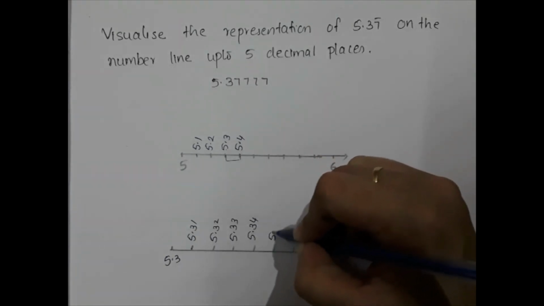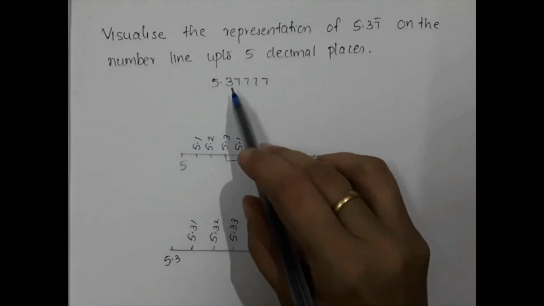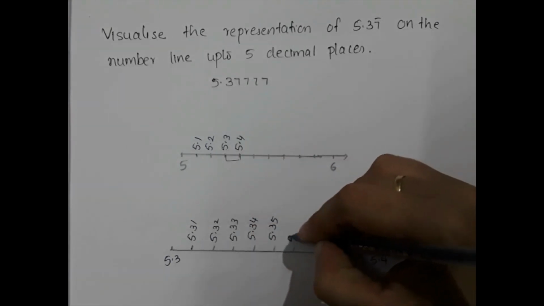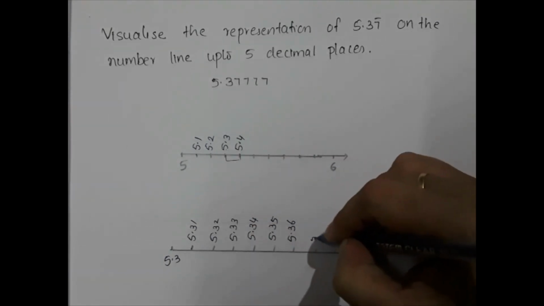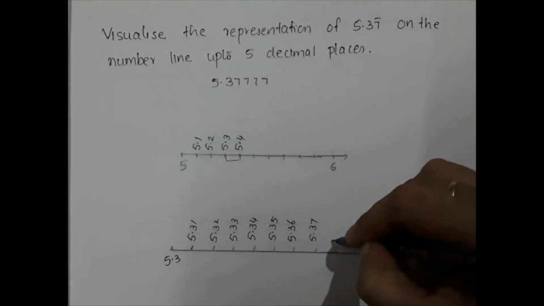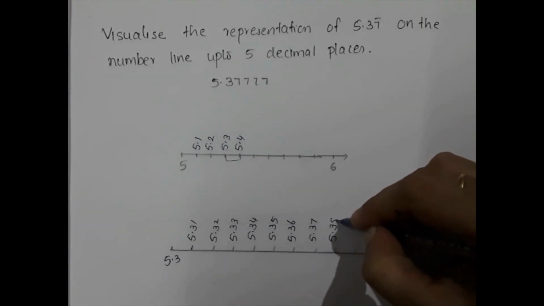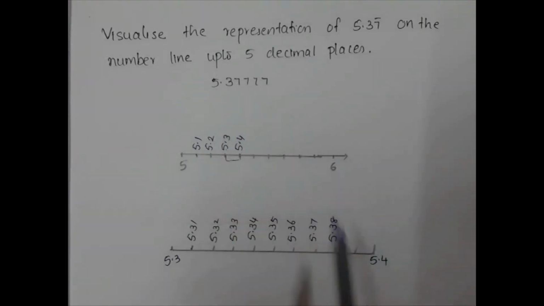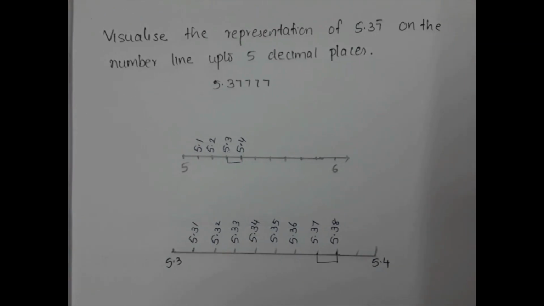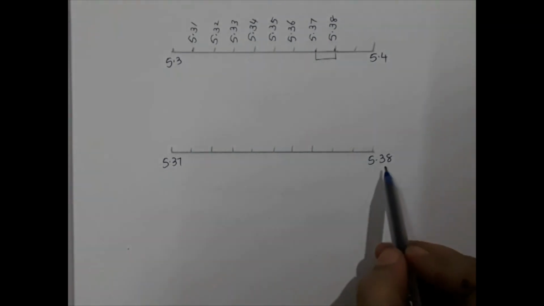Next one is 5.35. Next one is 5.36. Next one is 5.37. Next one is 5.38. So 5.37 lies between these two numbers, is it? So again you want to magnify these two points. Okay. So 5.37 and 5.38.